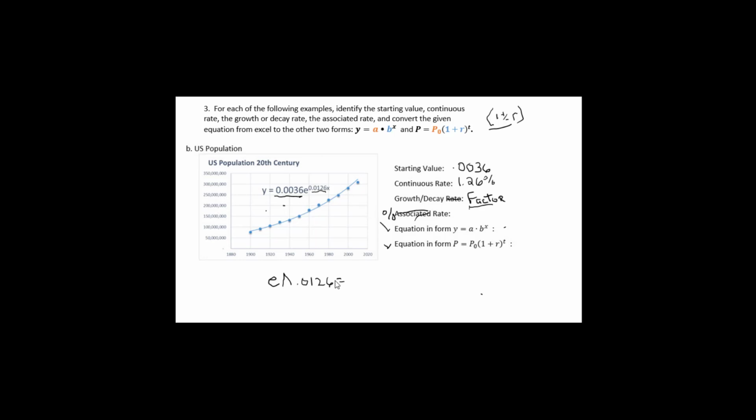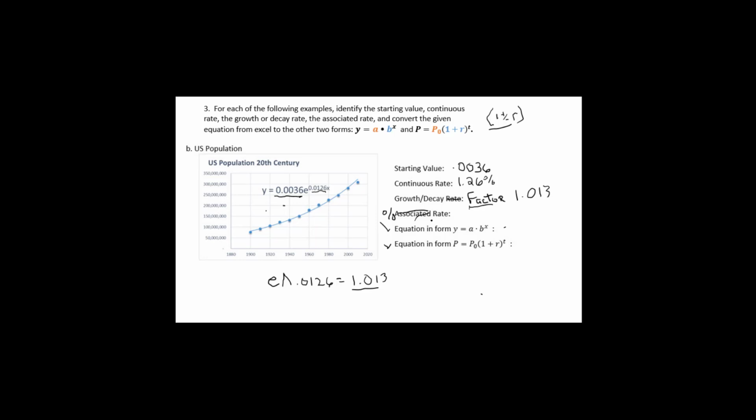And depending on how many decimal places you want, I'm getting 1.013. That rounded that. So that's what I am multiplying 0.0036 by. So that's the factor, 1.013.